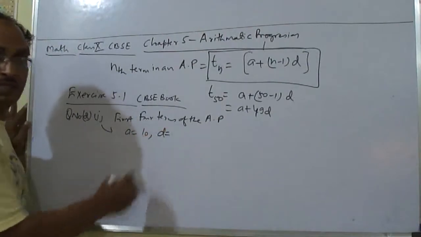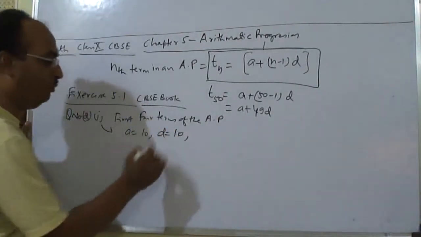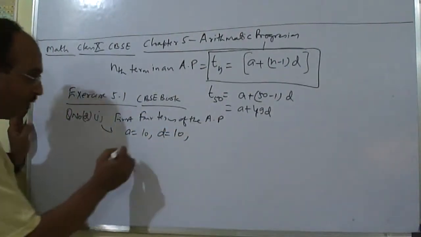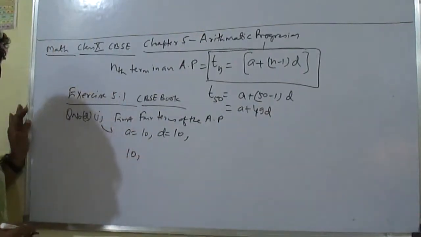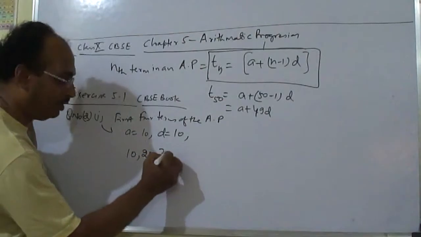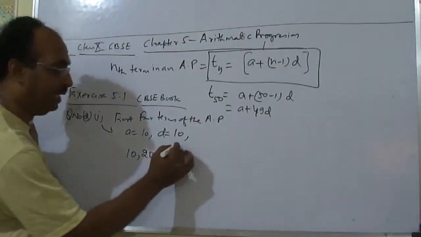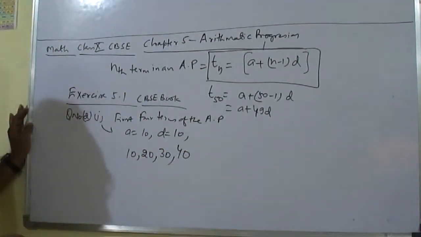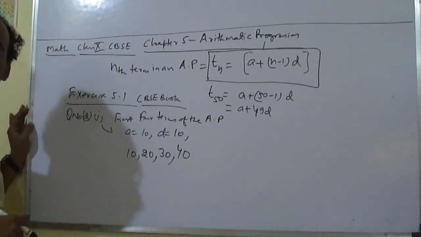Which is the first term? 10. Second term? 20. Third term? 30. Fourth term? 40. We need to find only 4 terms, so we have found them.